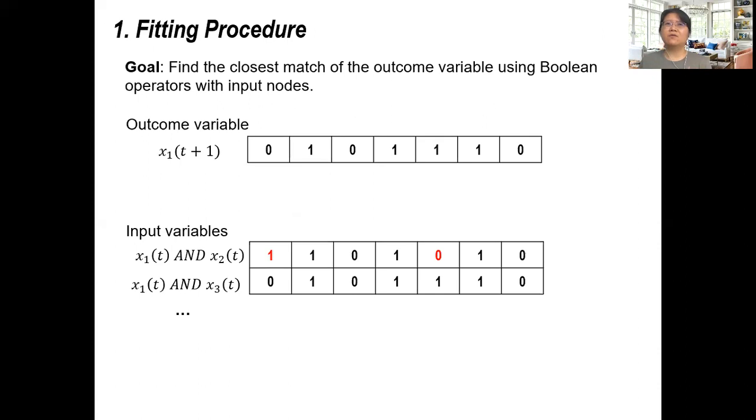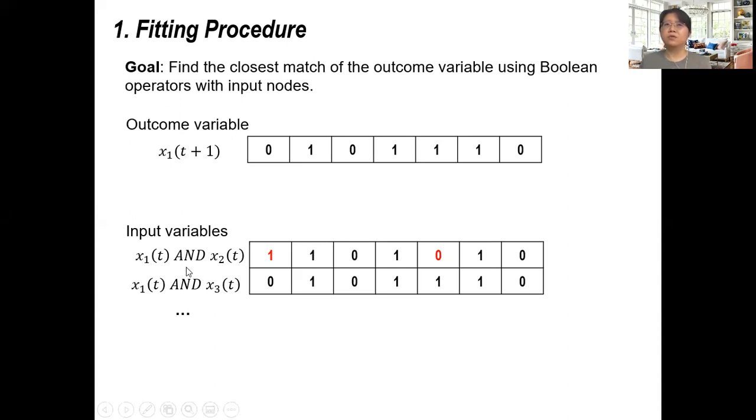The technical level of this estimation is to find the closest match of the outcome variable using Boolean operators with input nodes. So for example, if we have one outcome variable, x1 at t plus 1, we have its observed time series here. And we can also construct input variables by combining different input variables and different Boolean operators, and we can enumerate them.